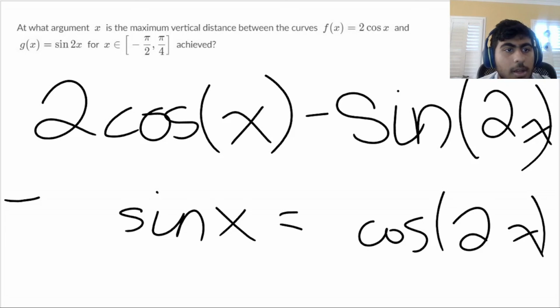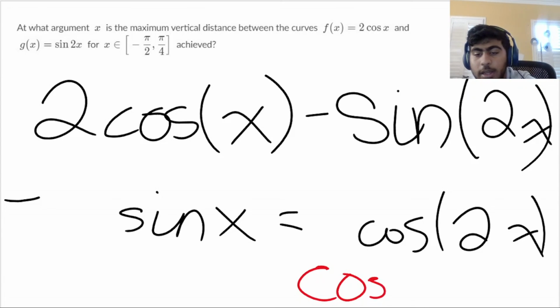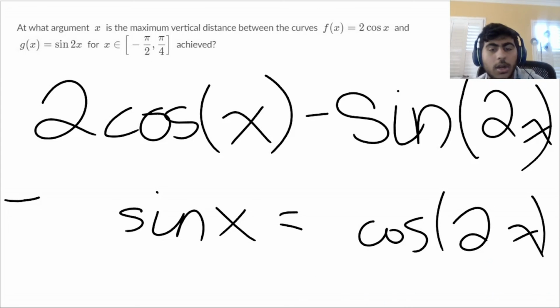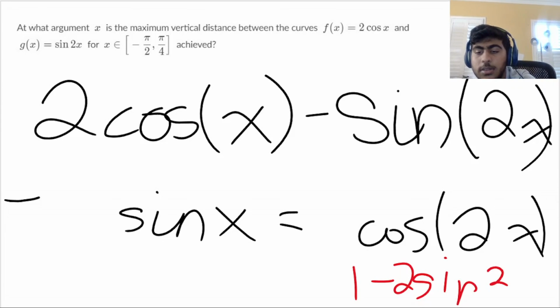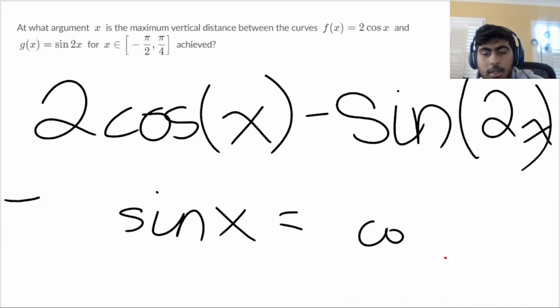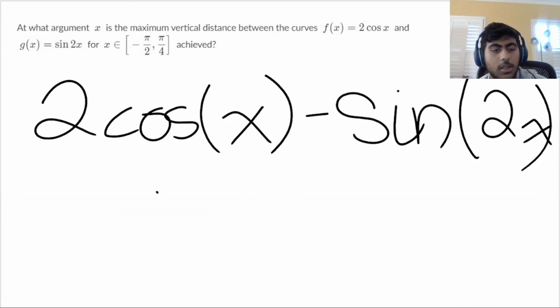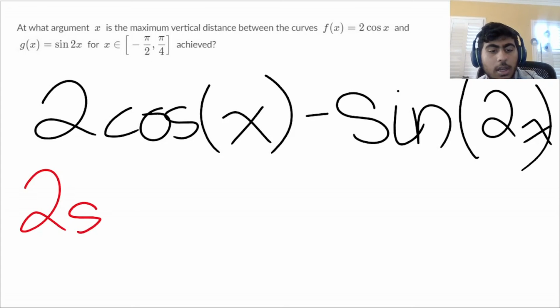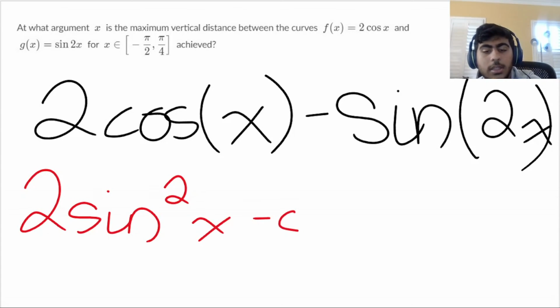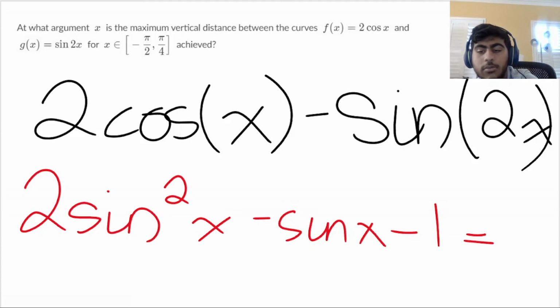And we can think about this, because we know that cosine of 2x is going to be cosine squared of x minus sine squared of x, also known as 1 minus 2 sine squared x, which means that we can put all the terms on one side, and we get that 2 sine squared x minus sine x minus 1 equals 0.